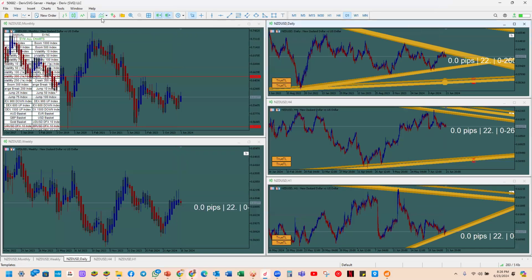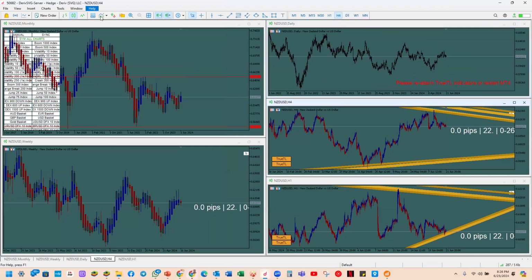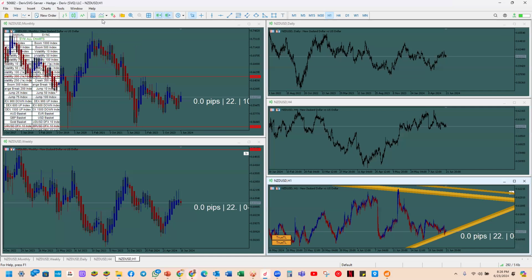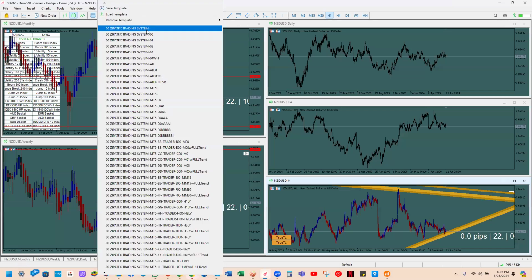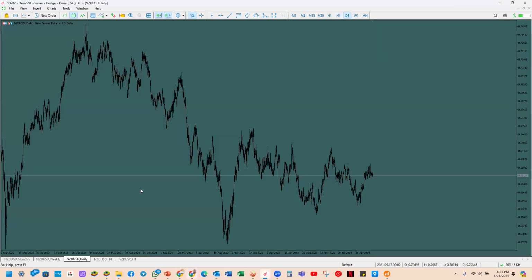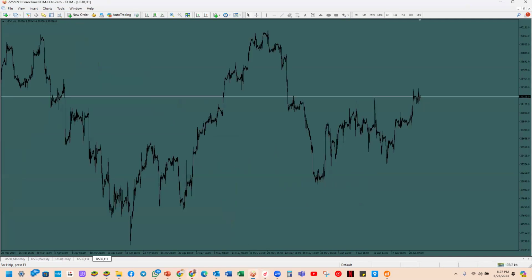Let me take out all this my template so that you don't get confused. So this is MetaTrader 5. Okay. Then this is MetaTrader 4. Okay.